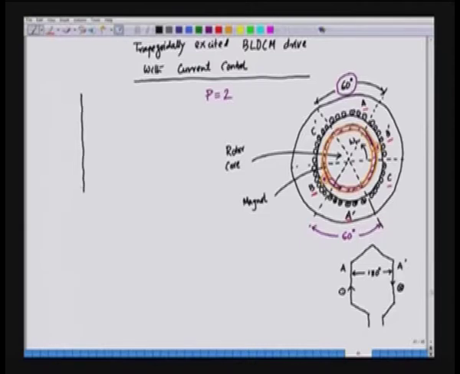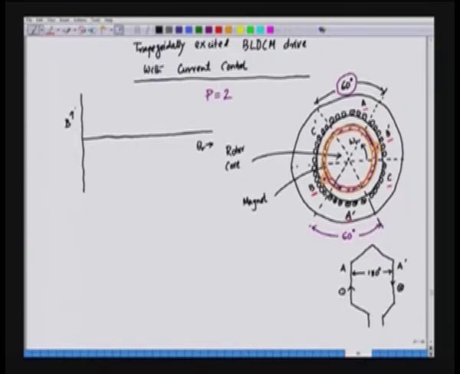against theta r, here we have theta r on the x axis and flux density B on the y axis.